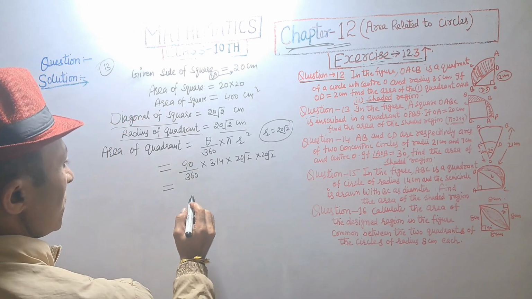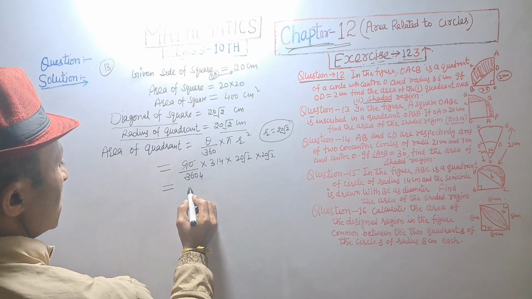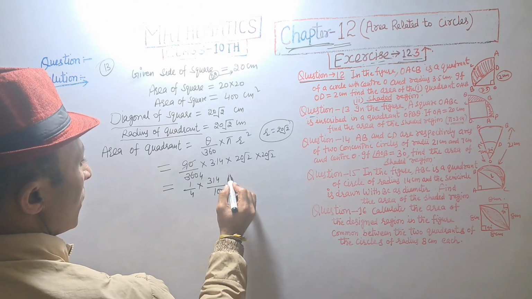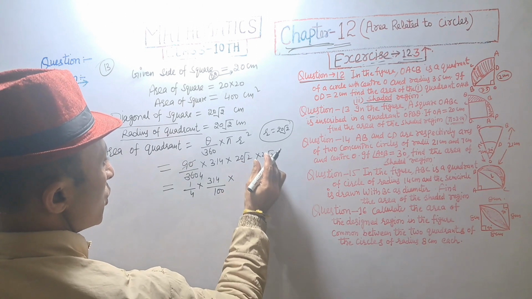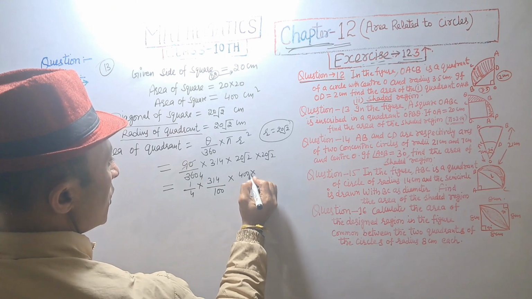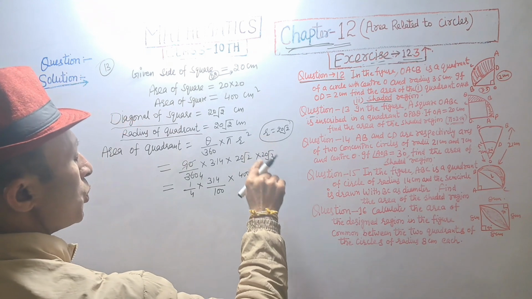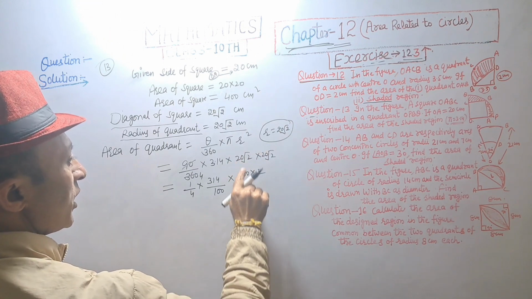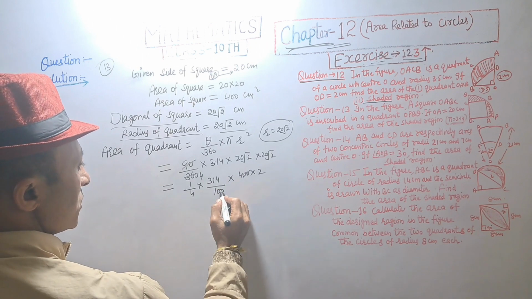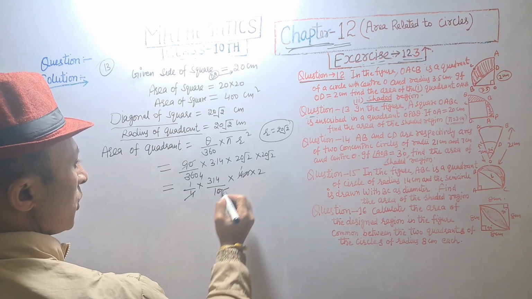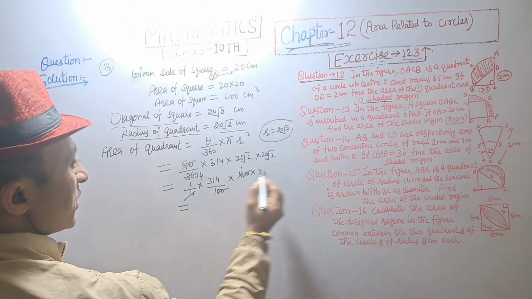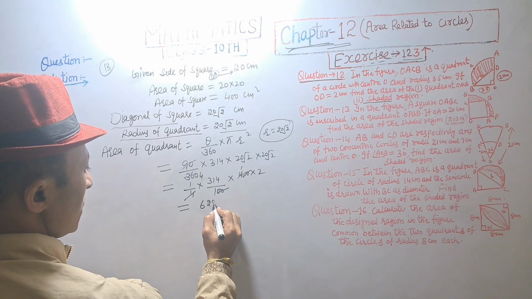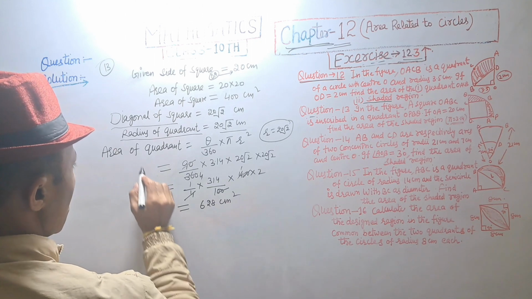That is 1 upon 4 into 314 divided by 100, and 20 20s are 400 into root 2 square, the root square is cancelled, that is 2. 400 into 2, 00 is cancelled, 4 is cancelled, and we get 314 2s are 628 centimeter square.